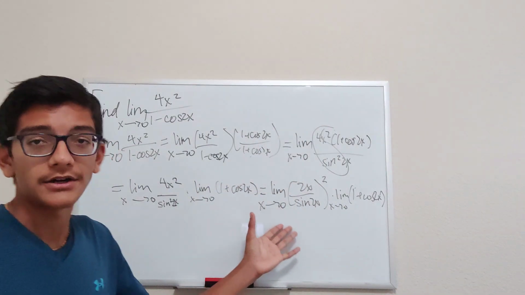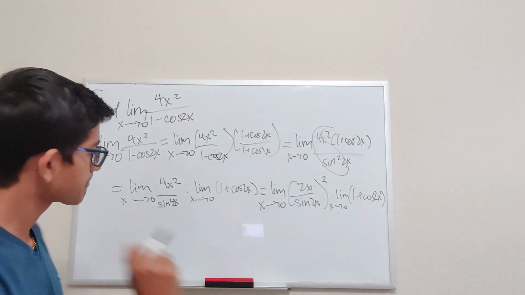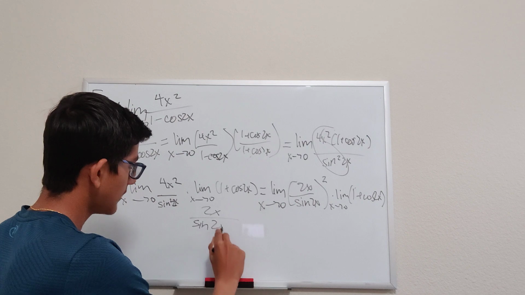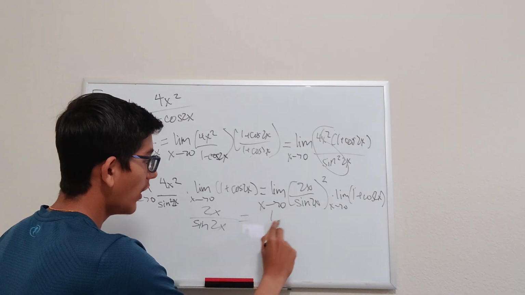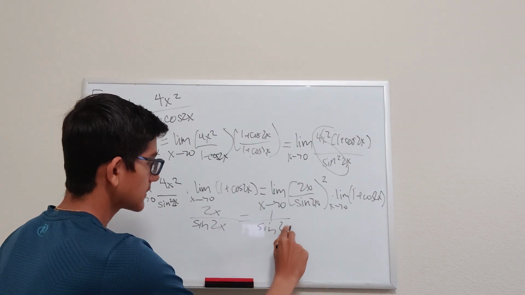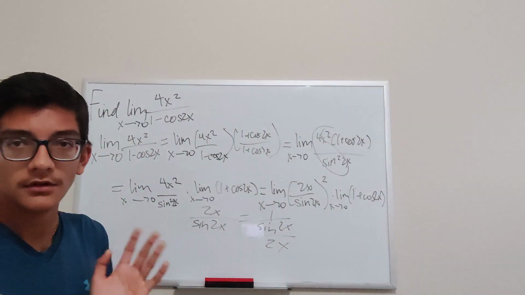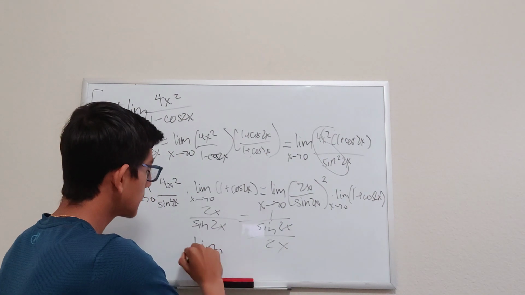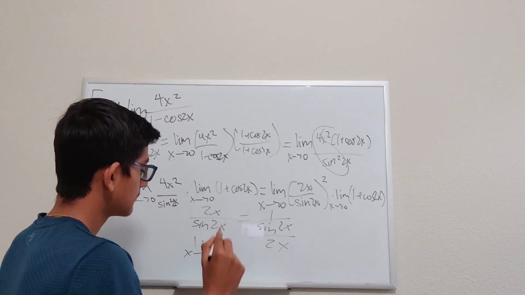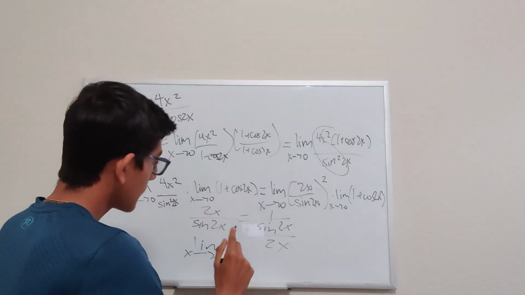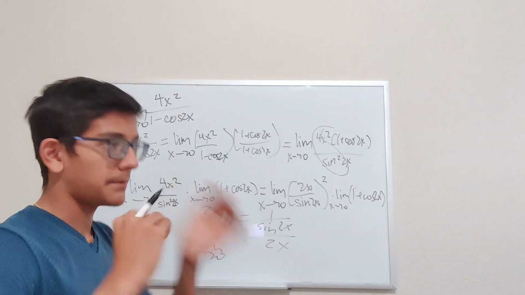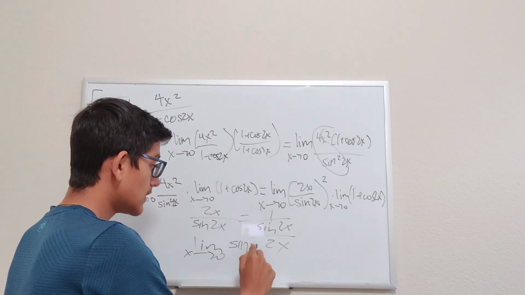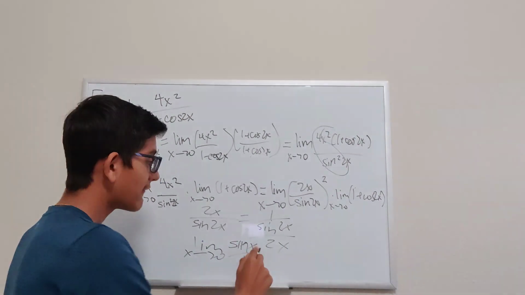Now, why does this matter? Because 2x over sine 2x is also 1 over sine 2x over 2x. And since we're looking at the limit as x approaches 0, there is a trigonometric limit which states that as x approaches 0, the limit of sine x over x is equal to 1.